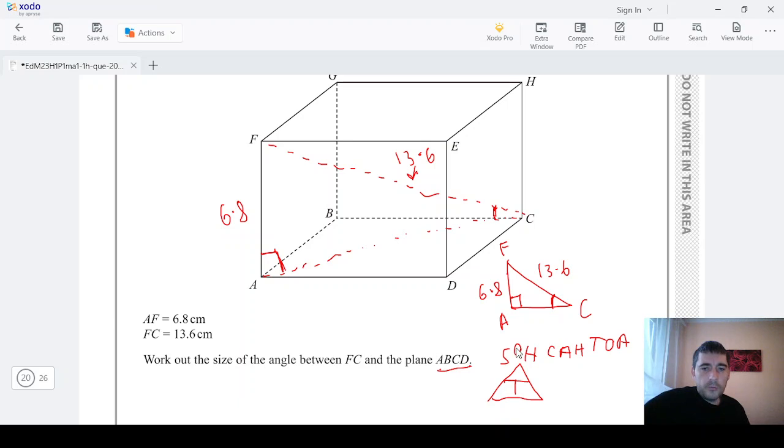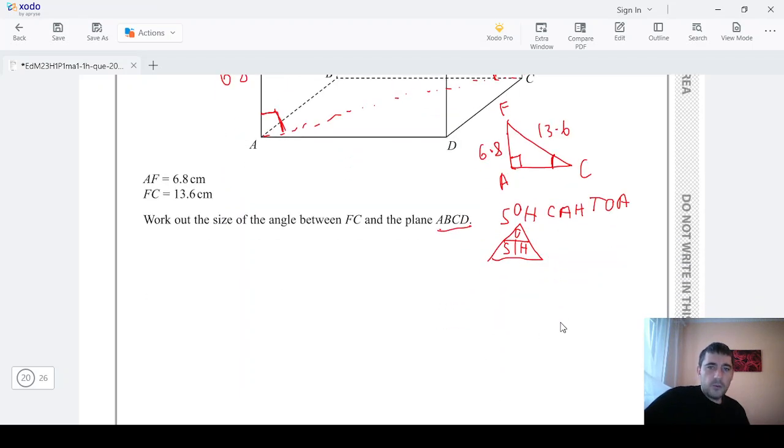So if we've got opposite and hypotenuse, that brings us to the sin ratio. Let's try to put it into an equation.